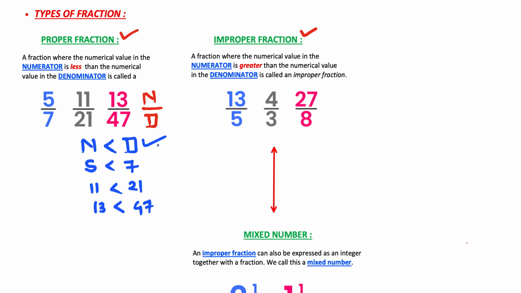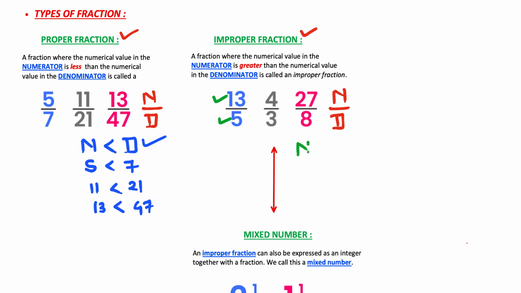So what exactly is a proper fraction? The fractions in which the numerator value is lesser than the denominator value are called proper fractions. Exactly the opposite of proper is the improper fraction. Here is the numerator, then the fraction bar, then comes the denominator. Now if you notice very minutely, you will understand that the numerators are higher than the denominators here.